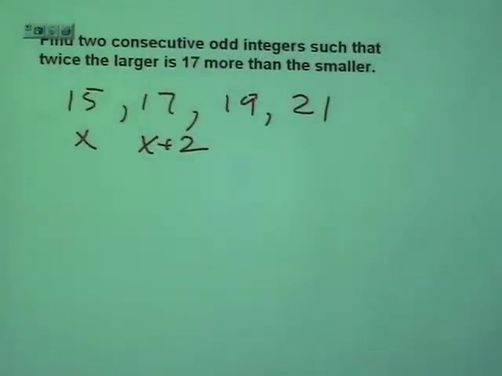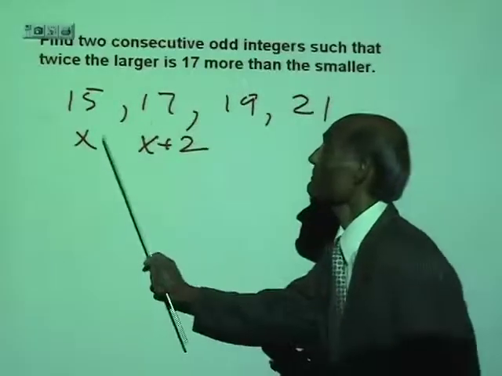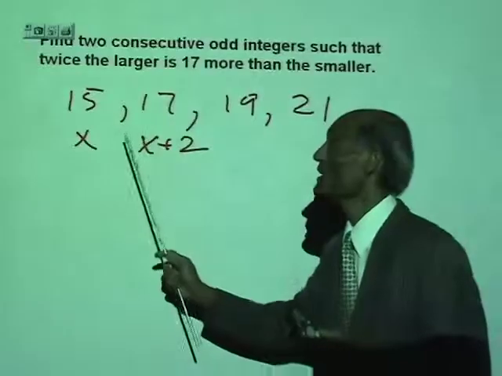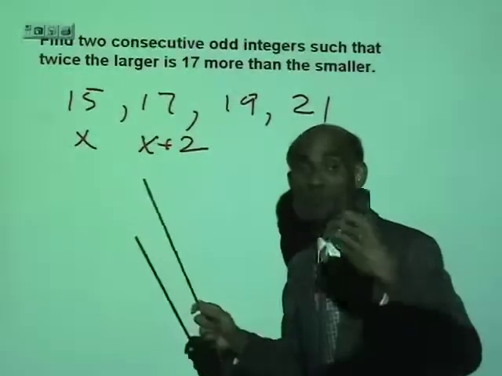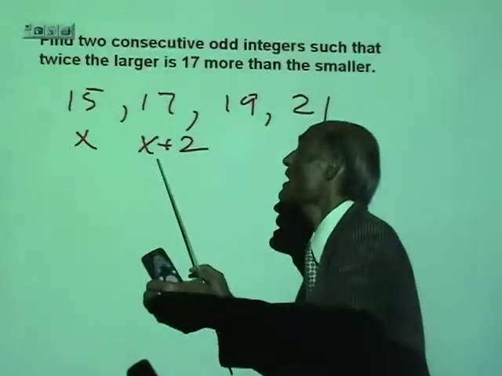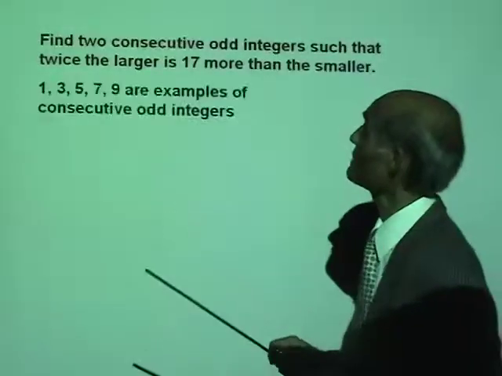I hope you understand the concept. Odd integers, the difference between each will be 2. If x is the smaller of the two odd integers, then the bigger one will be x plus 2. So how do we start?